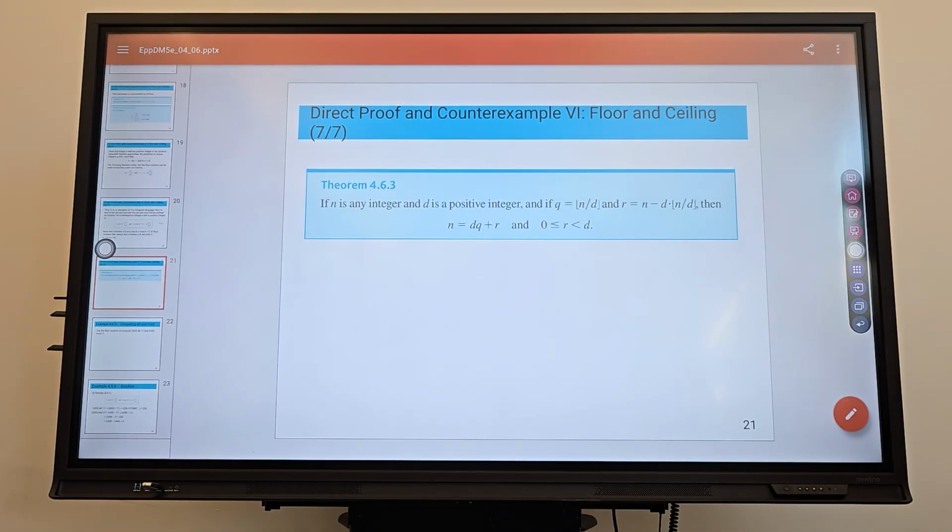If n is any integer and d is a positive integer, and if q is equal to the floor of n divided by d, and r is equal to n minus d times the floor of n divided by d, then n equals dq plus r, and r is greater than or equal to 0 and less than d.